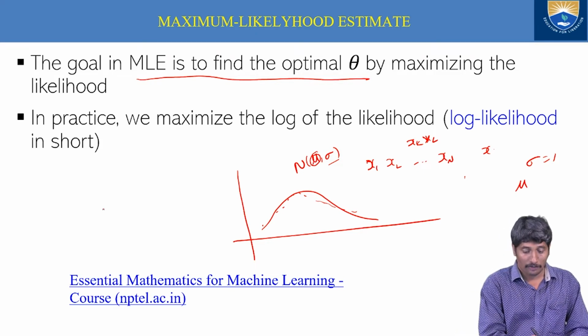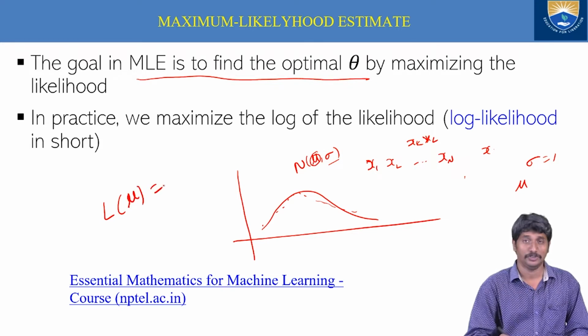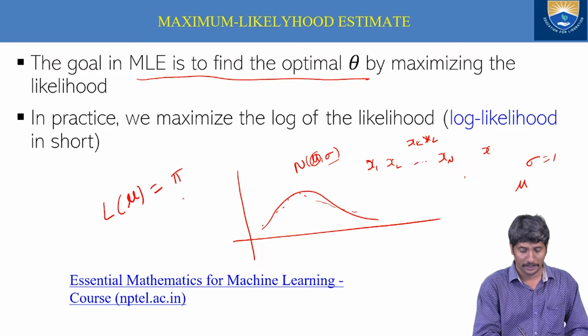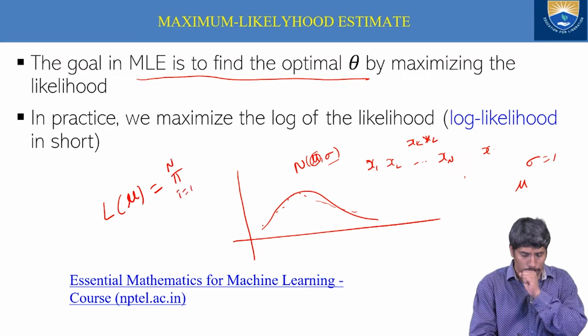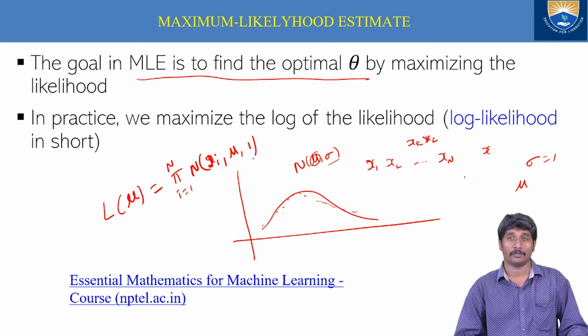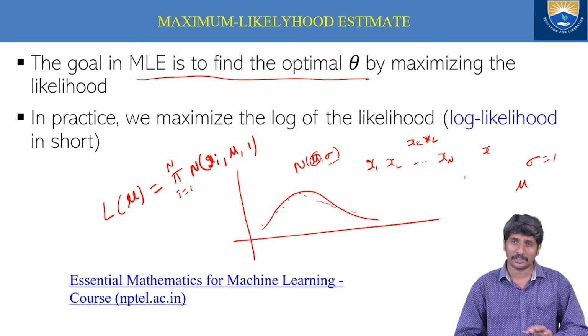Then our function will be L of mu, which is called the likelihood function of mu, nothing but the product for i equal to 1 to n of N of xi, mu, with sigma equal to 1 as we fixed. Then we will try to maximize this function.